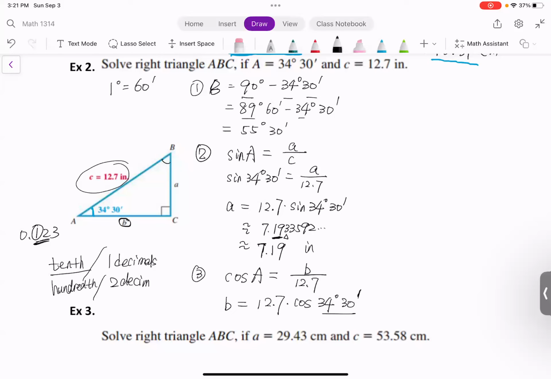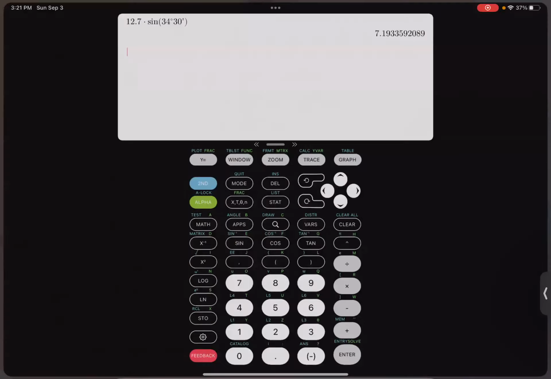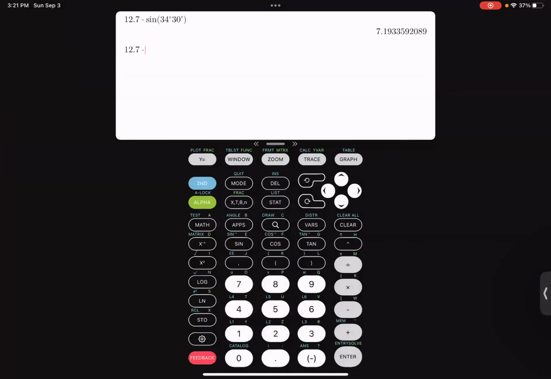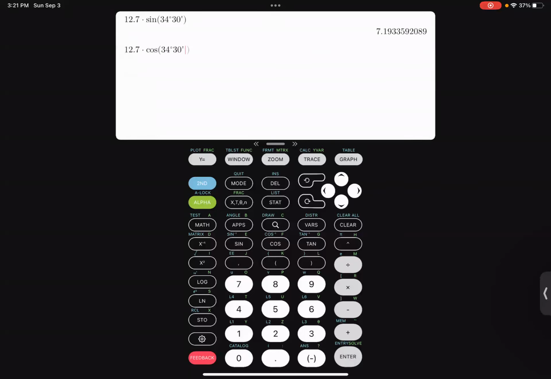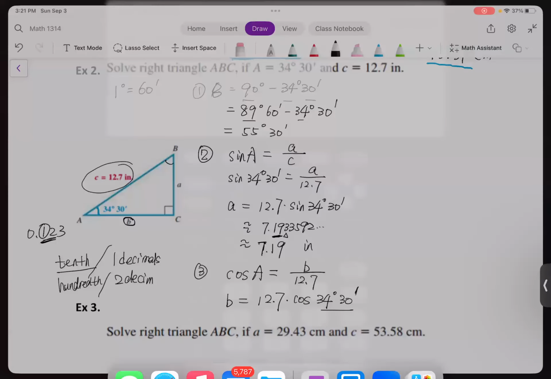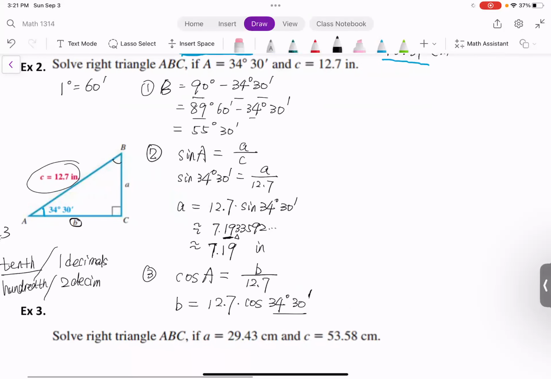So let's use a calculator again. 12.7 multiplied by cosine of 34 degrees 30 minutes, close the parentheses. Let's see what that is. Okay, I have my B. B is about 10.4664026.